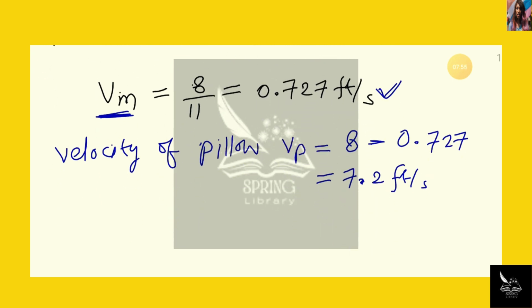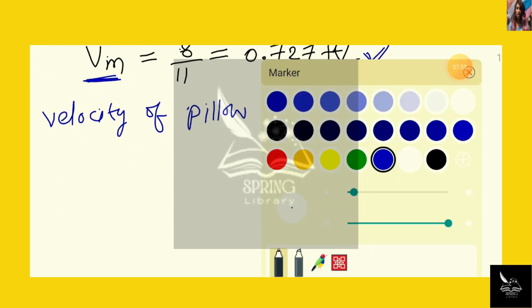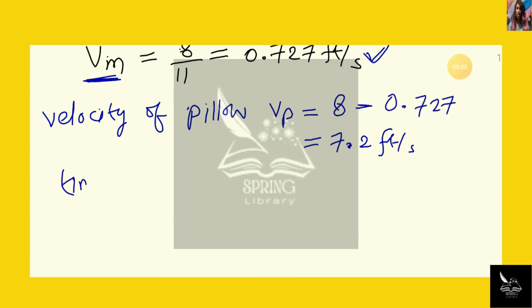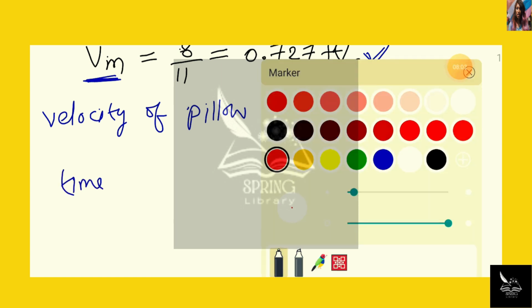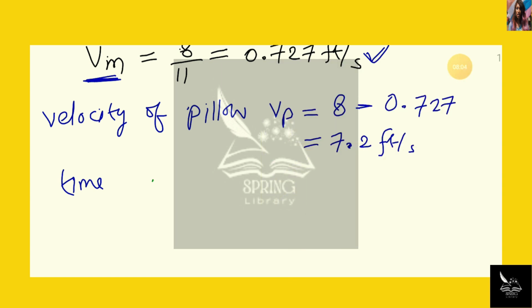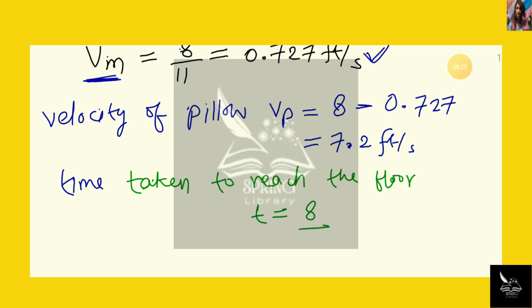Now the next step is, the time taken to reach the floor is given by T equal to S over V. S is 8 divided by V, which is 7.2.